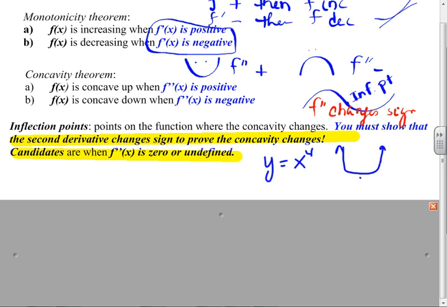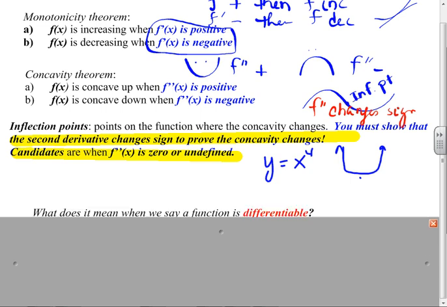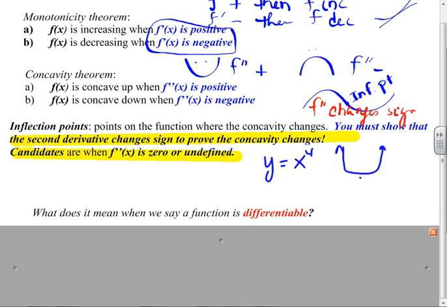F double prime at 0 is 0, but it doesn't work, because what has to happen to the second derivative? It has to change sign. It doesn't. Okay, I forgot this note. Set the second derivative equal to 0 or undefined.